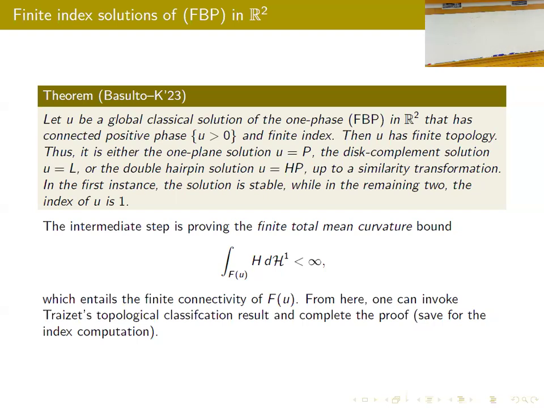If you have an unbounded component outside of this large enough ball, it's going to contain a sector of pretty large opening. You can't have more than 2 of these. So there are at most 2 of these infinite free boundary strands away from this ball. And inside, you can have only finitely many, bounded and unbounded, that cross this ball. So you get the finite connectivity. Invoking Traizet, you're done, save for the index computation.